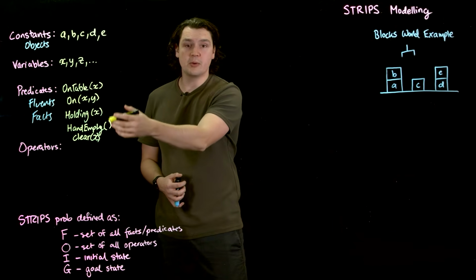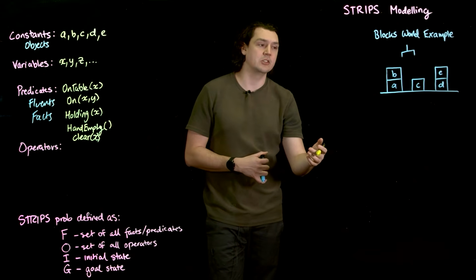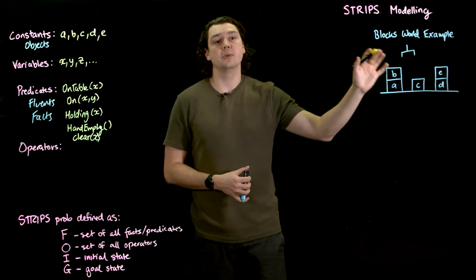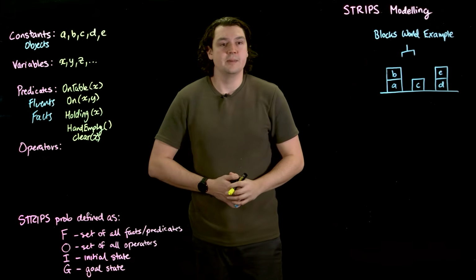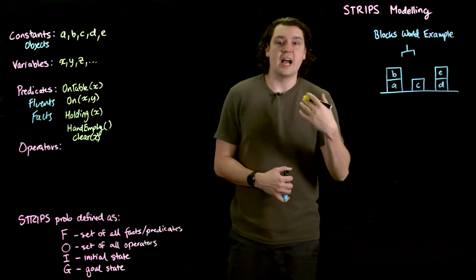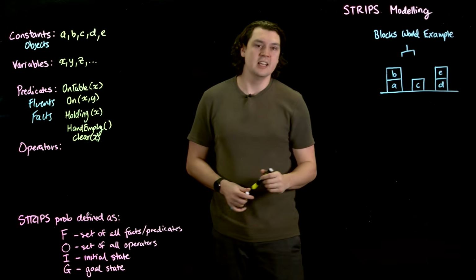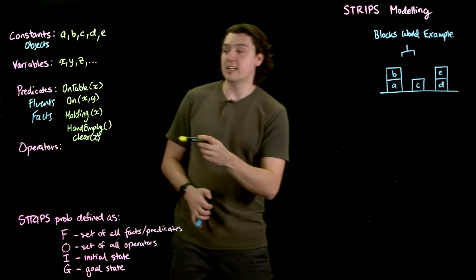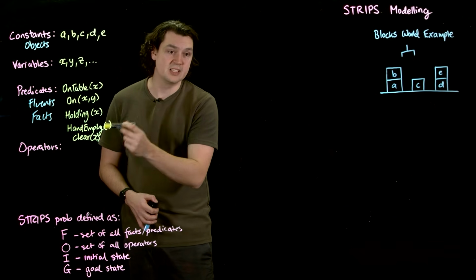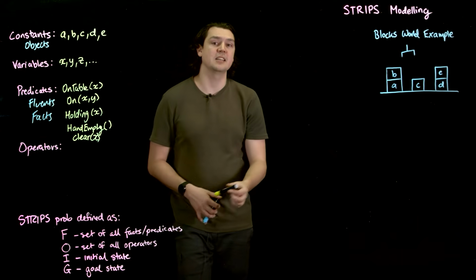Oftentimes, though, just a handful of things that are useful and make sense in an intuitive sense is going to be enough. But you still want to have this granularity of checking, like, is A on B and things like this, instead of just a single, oh, and the idea of picking up and putting down, as we'll get to in the operators in a second.